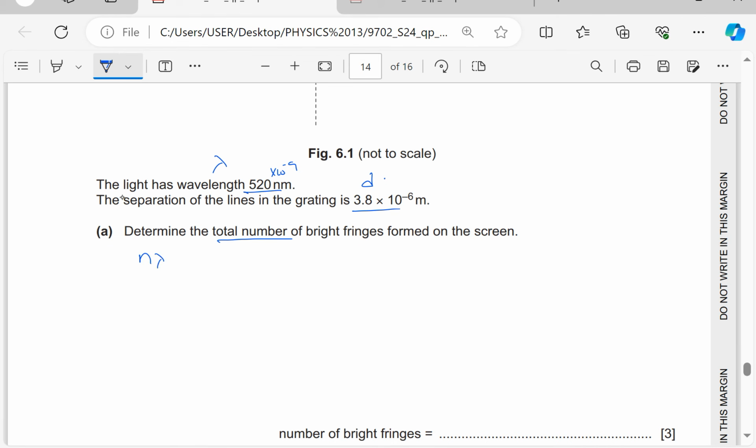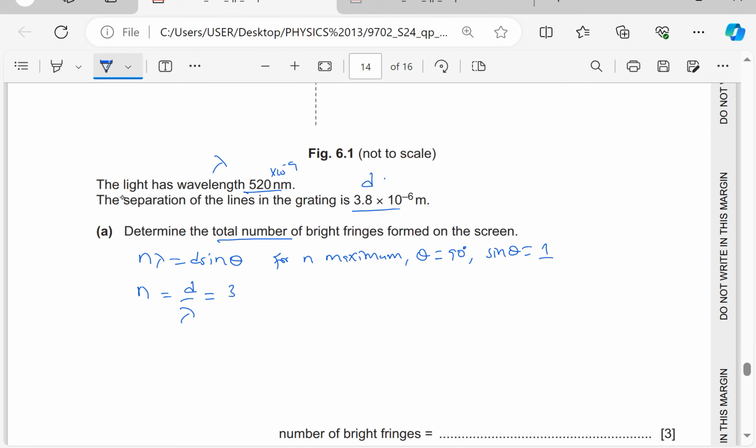We know that n lambda is equal to d sine theta for a diffraction grating. And for the n maximum, theta is going to be 90 degrees, which means sine theta is going to be equal to 1. So n is going to be d over wavelength.